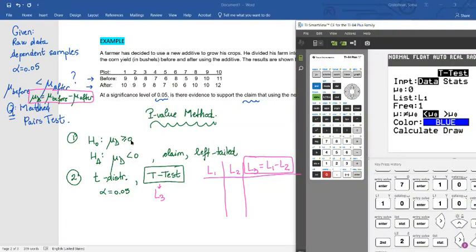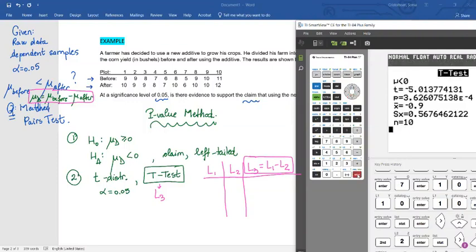This is what we have right here because we're subtracting one of the means, and we're left with 0 on this side. And I'm looking for list 3, so it will be second 3 because that's where I have the differences. And the frequency is 1. What type of test? We are doing a left-tailed test, so it will be this option. And then scroll down to calculate, hit enter, and here we have the result, okay?